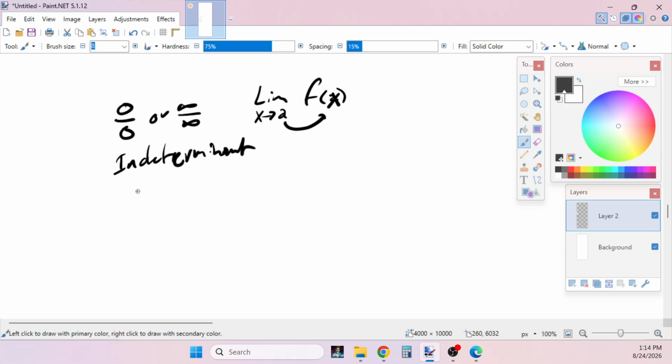That means you're going to have to use some algebra to rewrite it. Usually that takes the form of factoring and canceling. Once you've done that, you should be able to plug the number in and find the value.